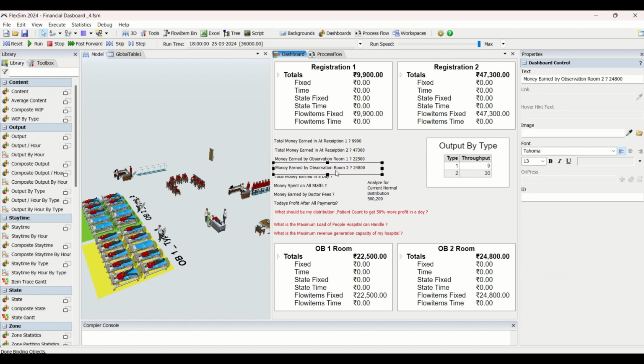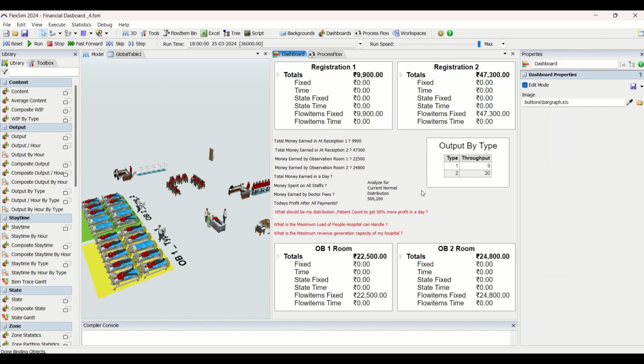What we have learned today is how to put the expenses into the graphs, and we have found out the money earned by our observation room 1 and observation room 2.